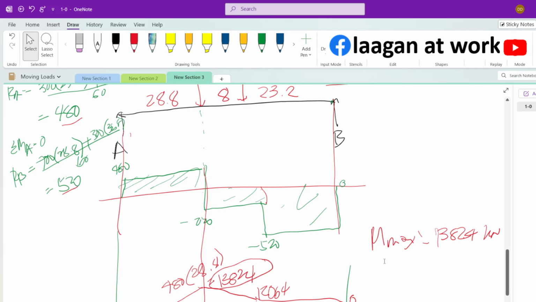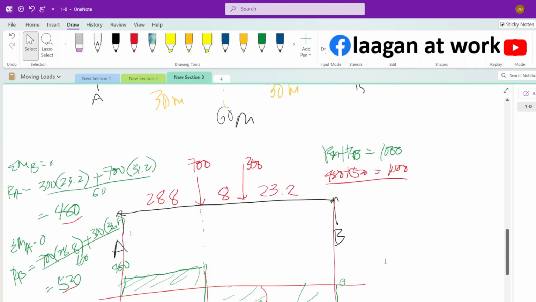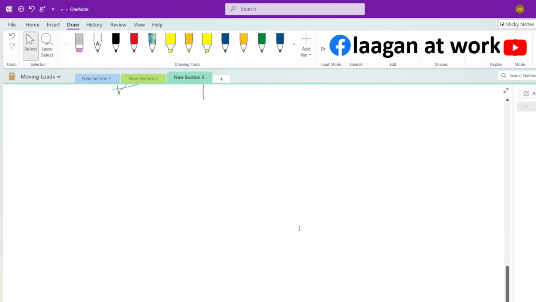Now, the other way to calculate the moment is you just cut a section at the maximum load location, which is this one here. To do that, you just draw the free body diagram for that section.